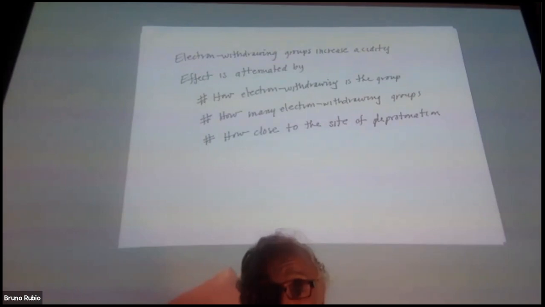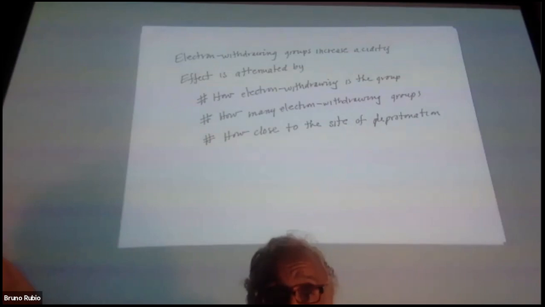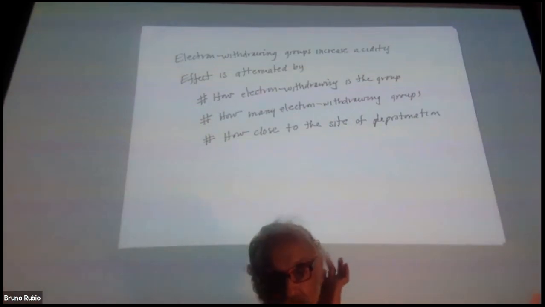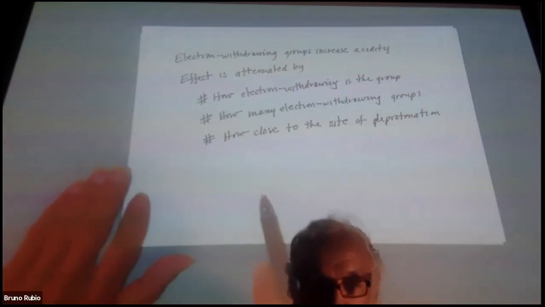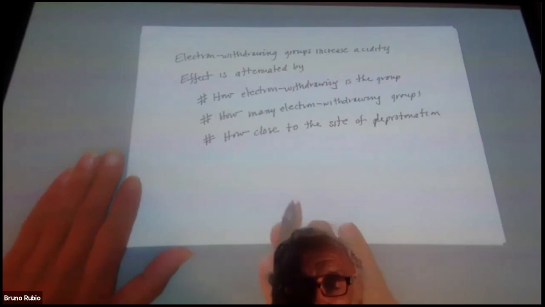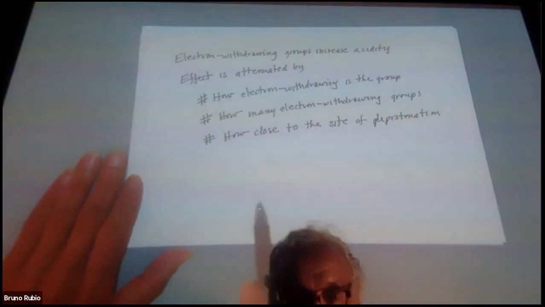It is sent downfield by an electron withdrawing group, but the amount by which it is sent down depends on how electron withdrawing the group is, how many there are, and how close they are to the observed proton. So this is nothing new, these attenuating factors. We've seen all of these before. Okay, so this is another one of our trends in acidity and in basicity.